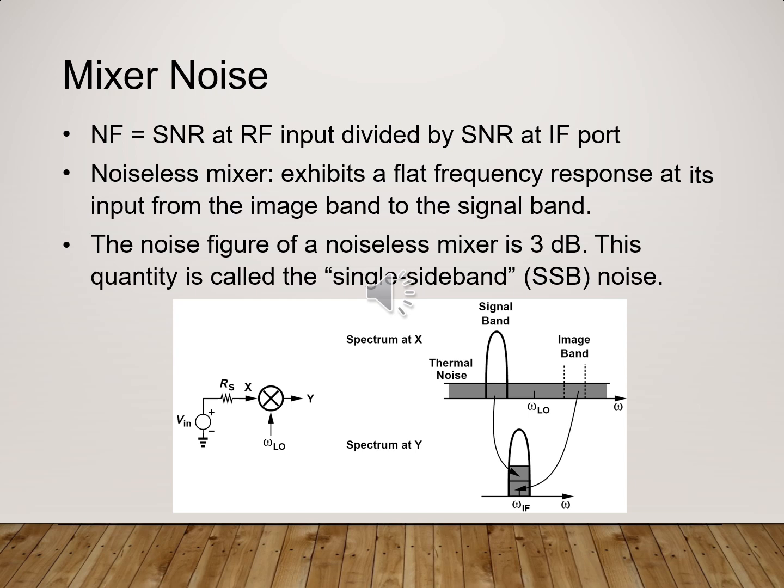With a single sideband noise figure, the mixer's internal noise shows up at the intermediate frequency output from both signal and image inputs, but the excess noise is only introduced in the signal frequency band. The noise figure of a noiseless mixer is 3 dB, so the minimum value of the single sideband noise figure is 3 dB, and it cannot be reduced.